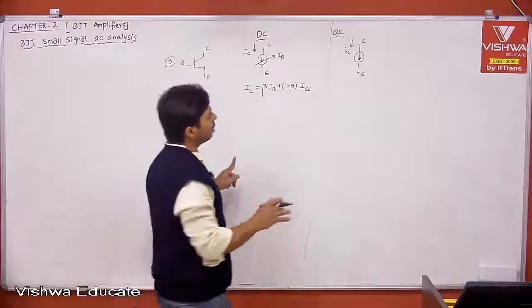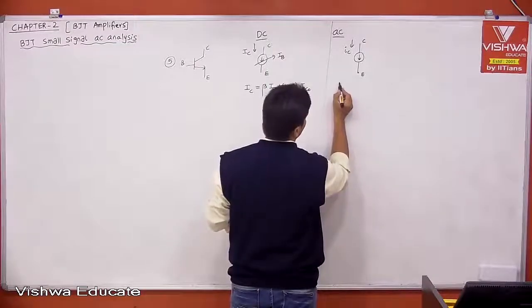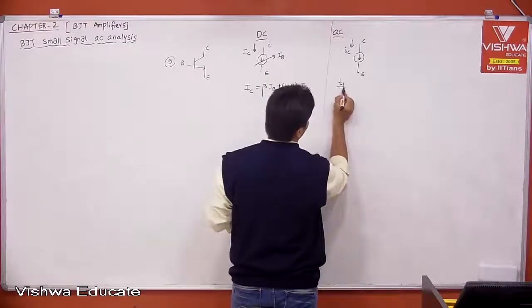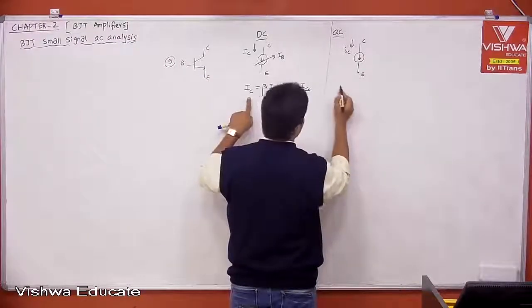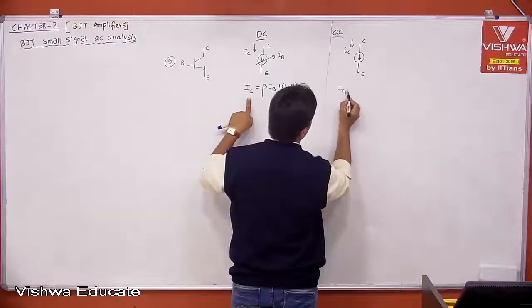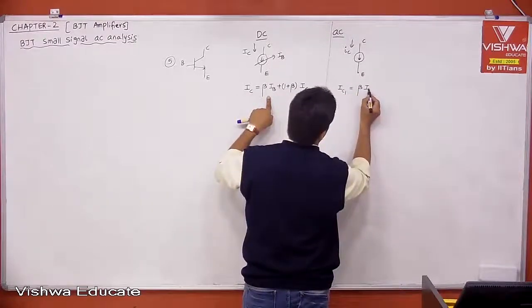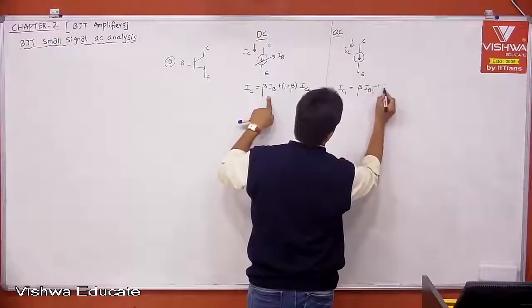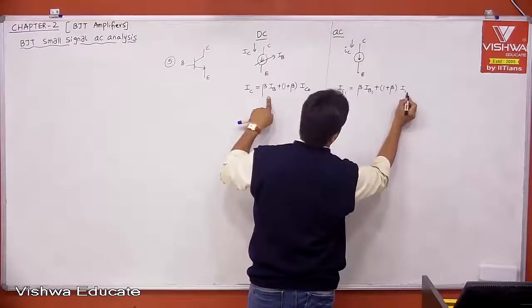Now what is AC analysis? Let us take a time t equal to t1. At time t equal to t1, let us say we have current IC1 equal to beta into IB1 plus (1 plus beta) into IC naught.